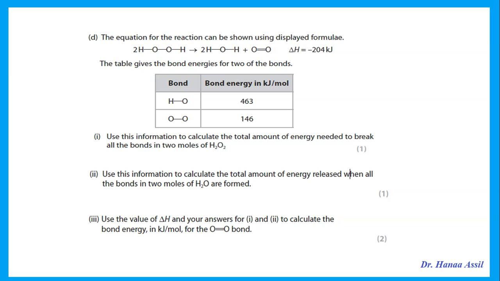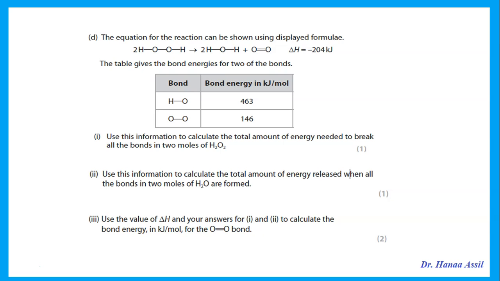The equation for the reaction can be shown using displayed formula. The table gives the bond energies for 2 of the bonds. Use this information to calculate the total amount of energy needed to break all the bonds in the 2 moles of H2O2. So if we look up there, what bonds are we breaking in the reactants?